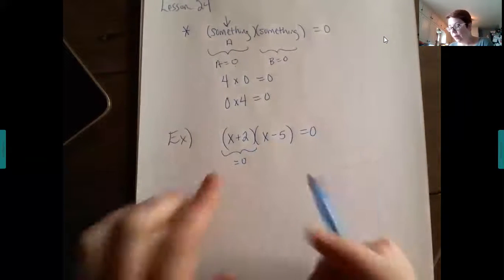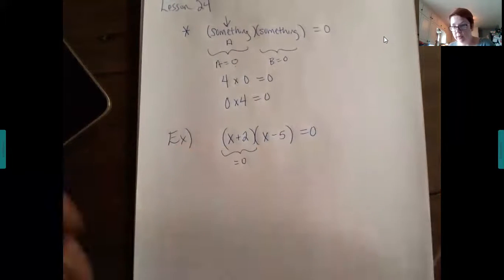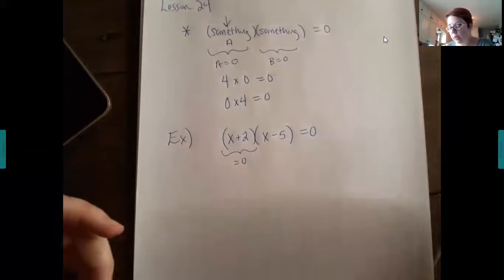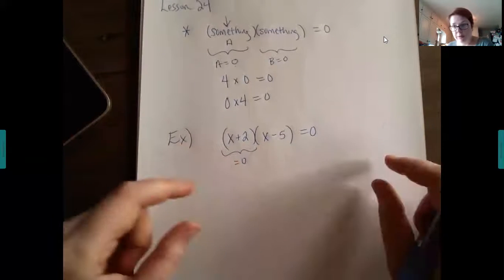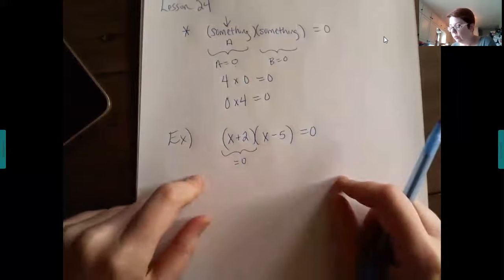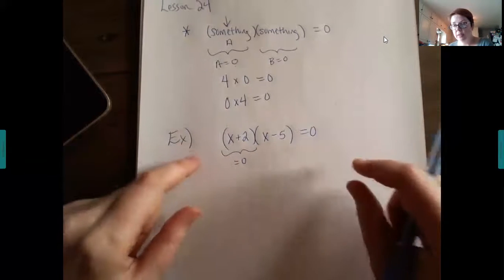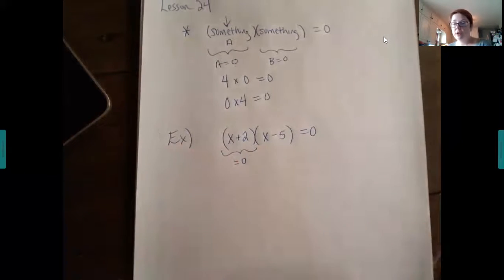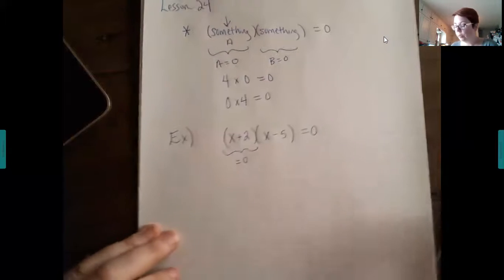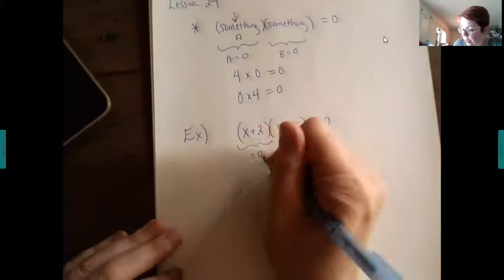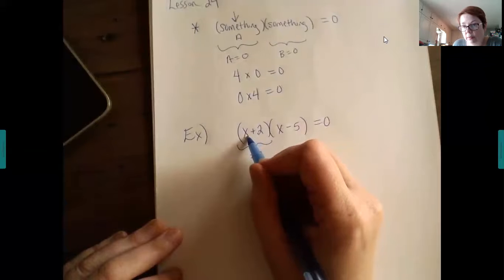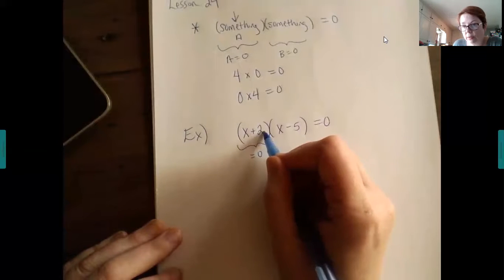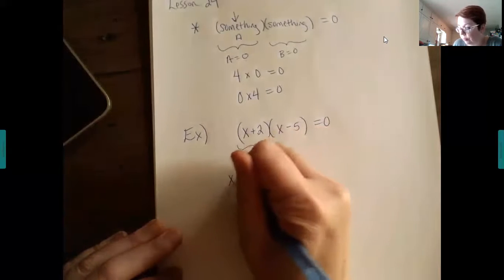So we find out, okay, what value would make this group equal to 0? Once you have it factored like this, you separate your factors, or however many factors you have. Right now we're just working with 2. You separate your two things and you set each one equal to 0 and you get your 2 answers. So in this case, what value can we add to 2 to make this become 0?